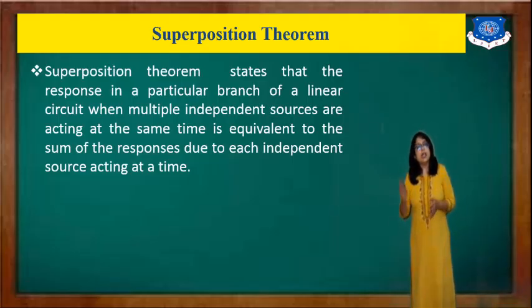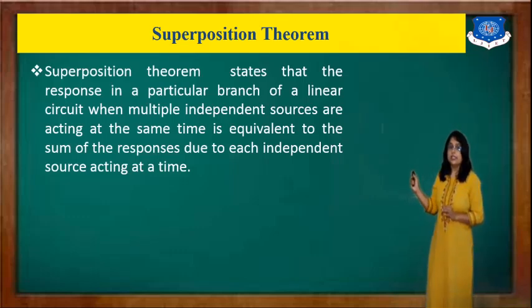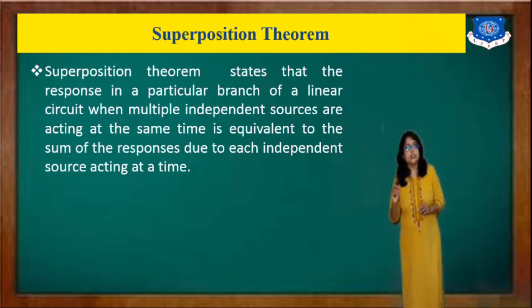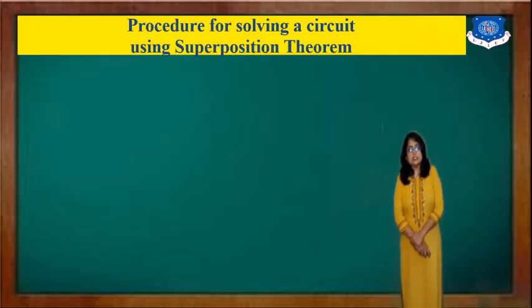At the end, we add all the voltages or all the currents, and that is the same as all the sources acting at the same time. We will discuss this in detail when we solve the example related to the superposition theorem.